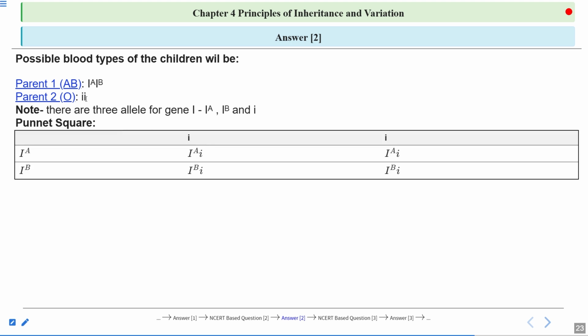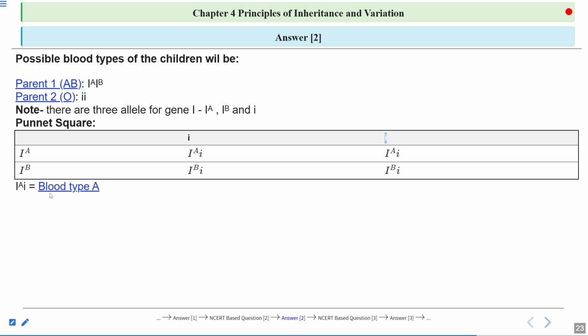You will write the gametes of parent 1 here, these are the alleles IA and IB, and these are the 2 alleles of the other parent. Now you can make the Punnett square and you will get all the possible genotypes here. Now what are the possible blood types of the children?